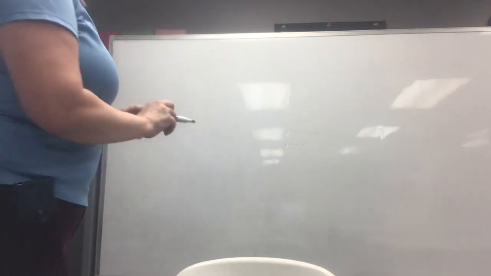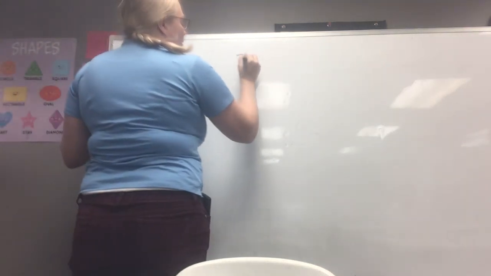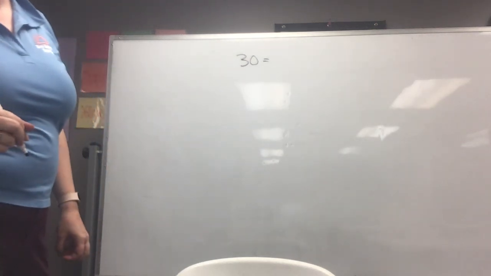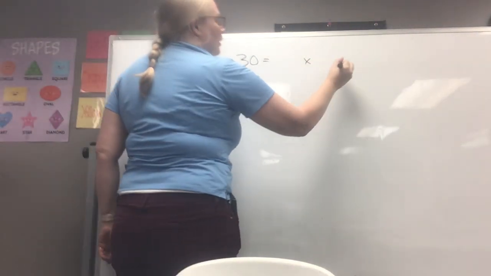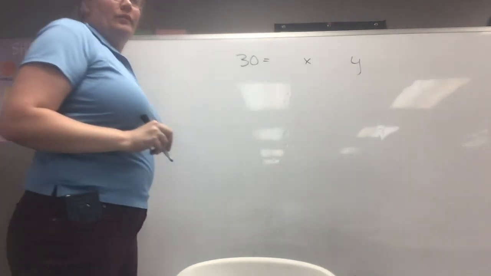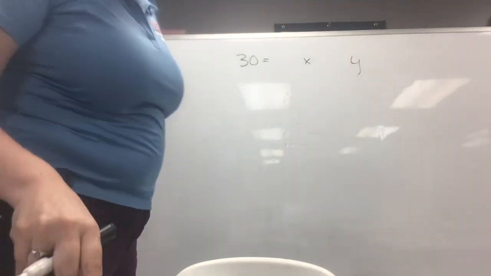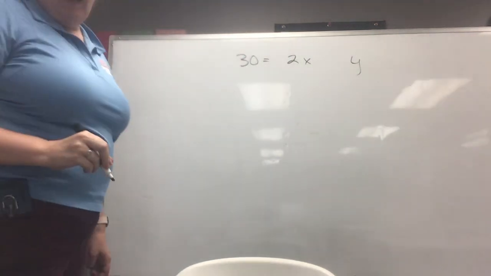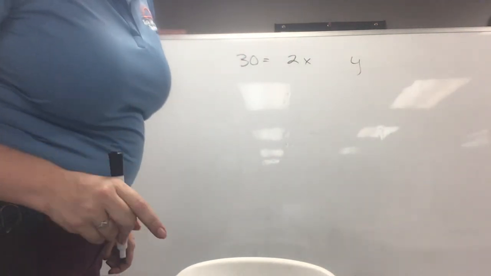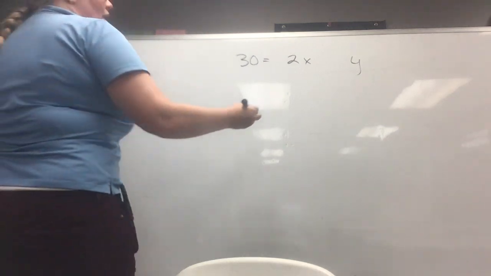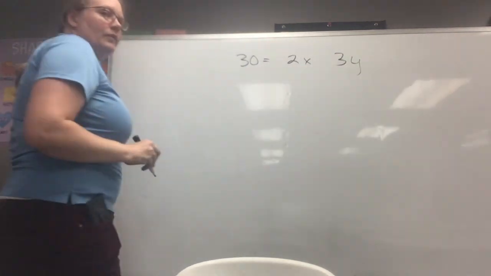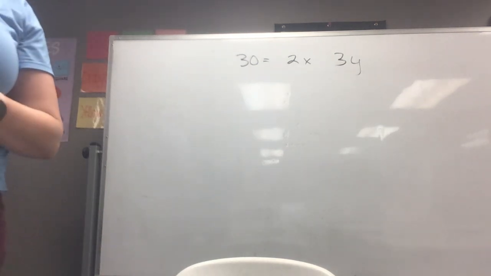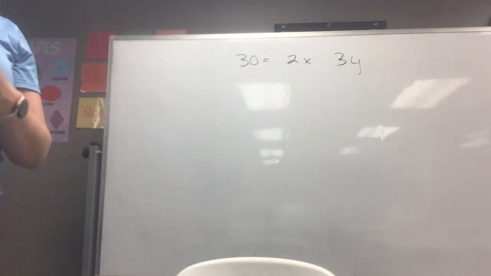So we're spending $30 on X marbles and Y cars. And each bag of marbles is costing $2, and each car is costing $3. And so what we're doing is working with the X and Y intercepts.